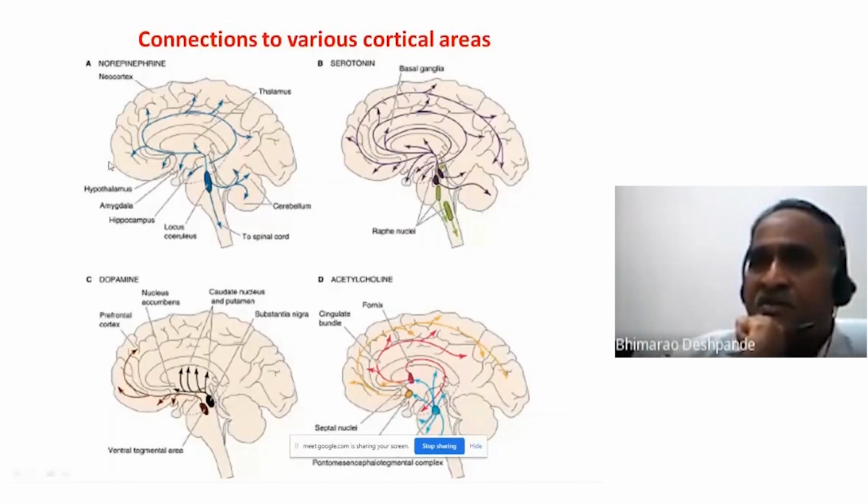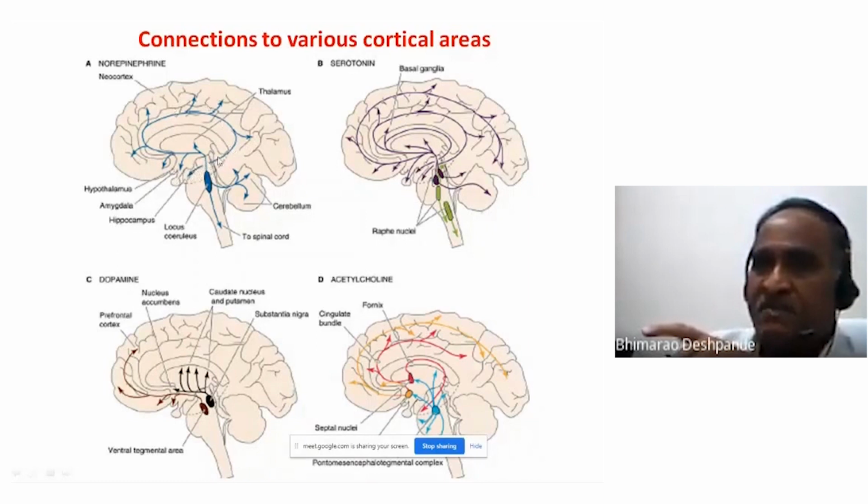This is the prefrontal cortex, the nucleus accumbens here, and then the motor cortex, the parietal cortex, the somatosensory association area, the posterior parietal region, and then the occipital cortex there.